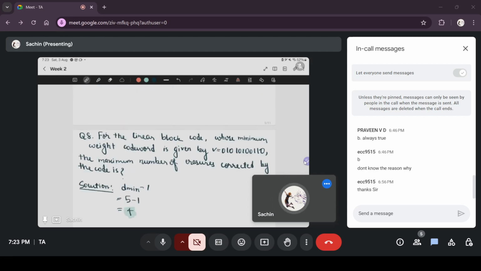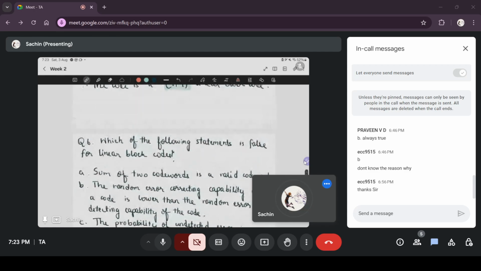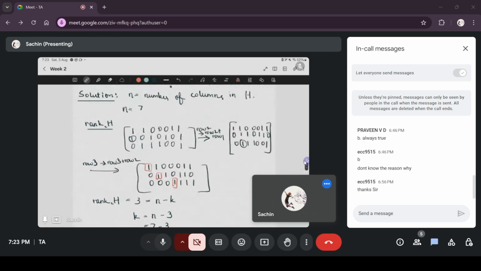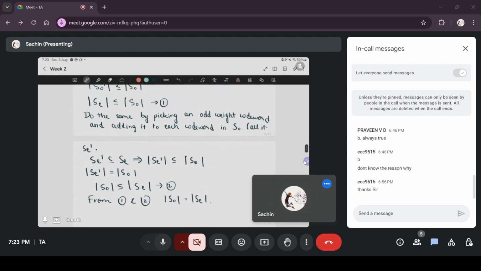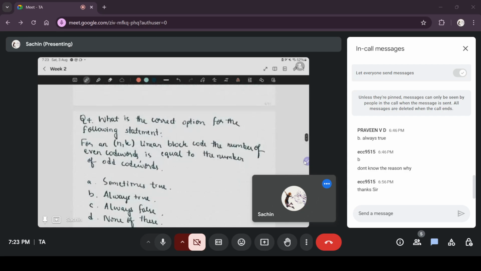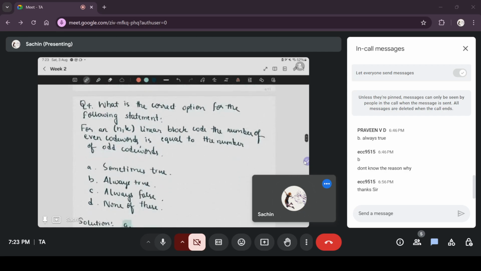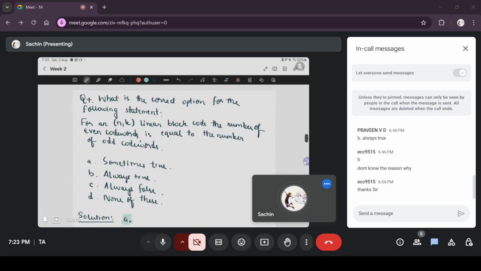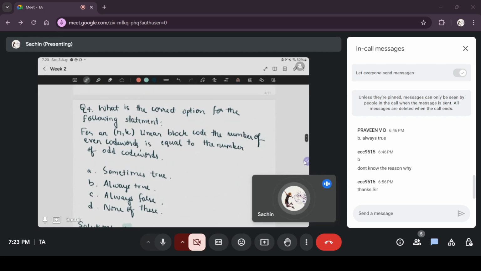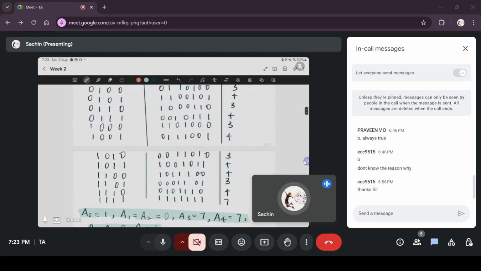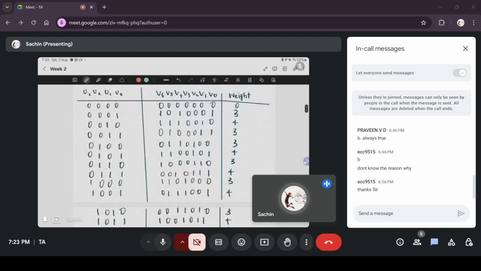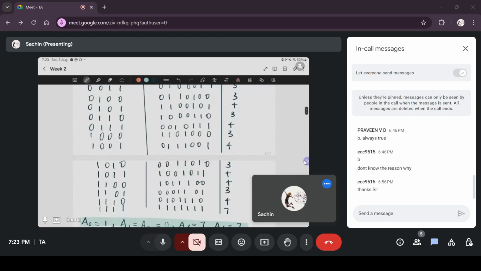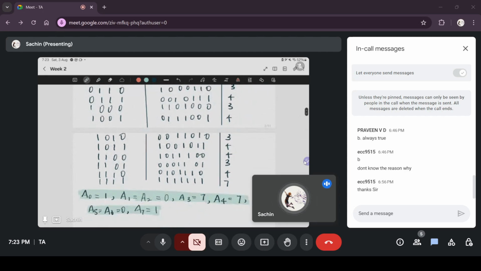Okay, coming to this, here in this previous question, I told you that sometimes this is true: the number of even code words is equal to the number of odd code words. For that, you can see an example right here. In this previous example we did, having weight 3, there are 7 code words. That's an odd number. 3 is odd, so the weight of the code words is odd. 7 is also an odd number.